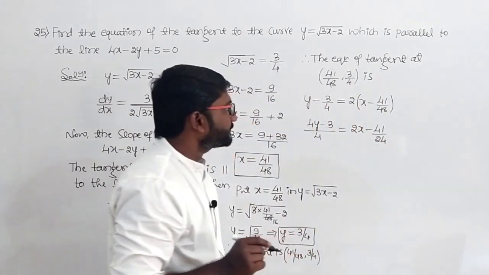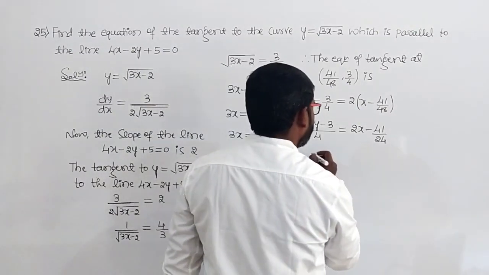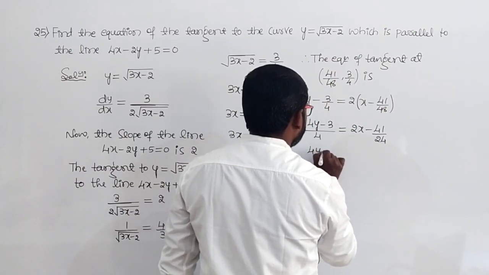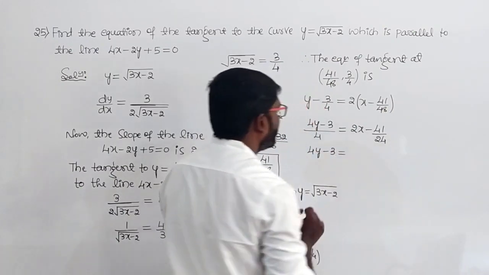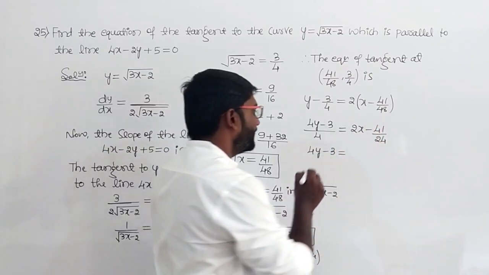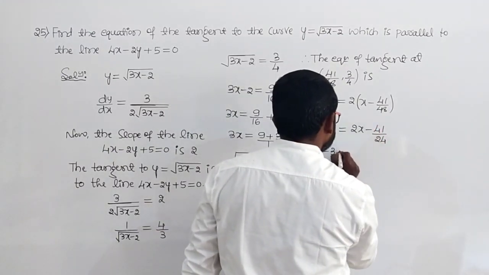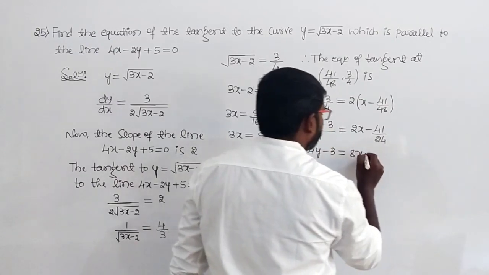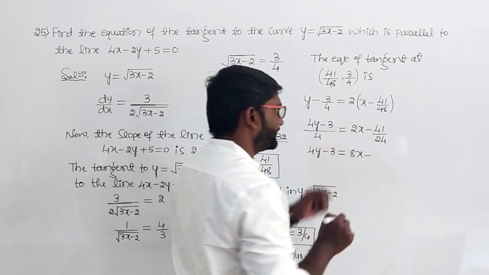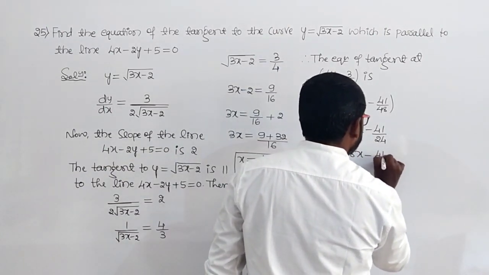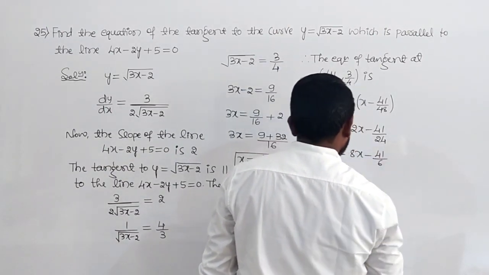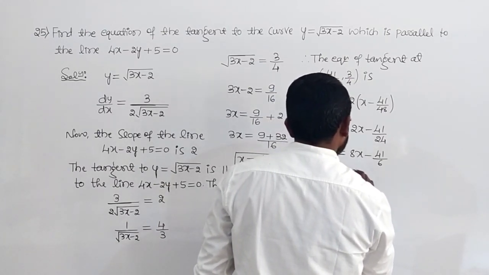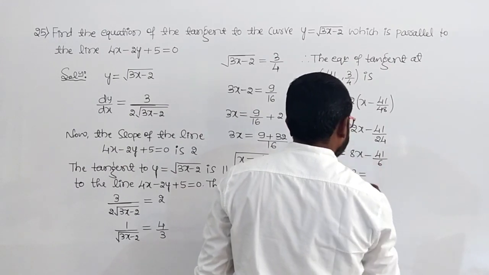And then now take 4 to the RHS. 4y minus 3 equals 4 will be multiplied with these two terms, you get 8x, and then minus 4 ones are 4, 6 are 24. So you get 41 by 6 here, and then 4y minus 3 equals multiply 6 here.